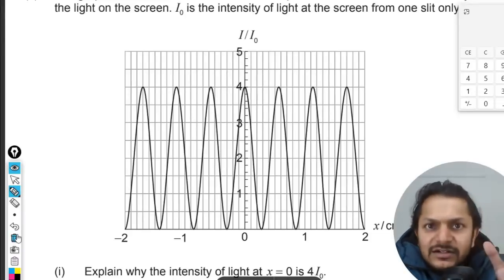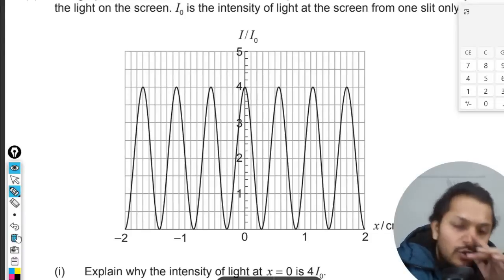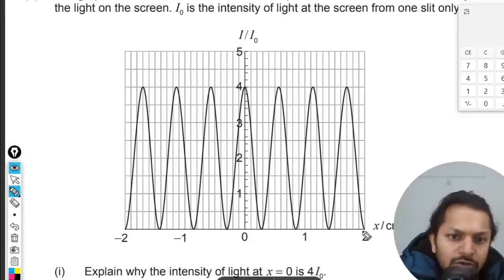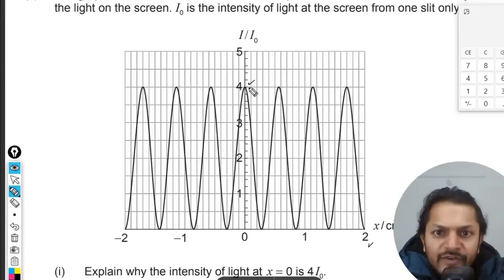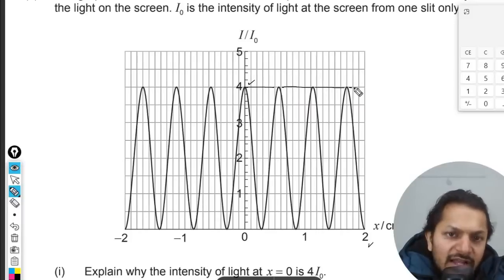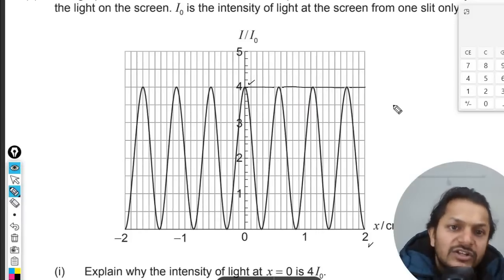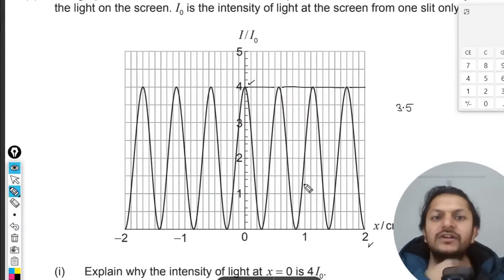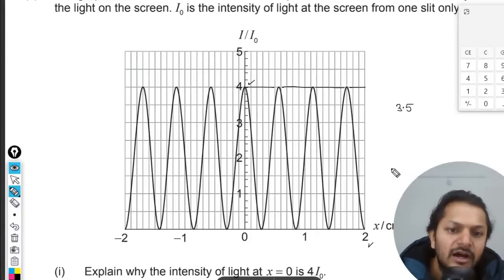So there is a method in which we can become 100% sure. How? We have to count. Okay, this is a perfect point and this is also a perfect point. How many wavelengths are there? 1, 2, 3, and this is exactly half. So it's 3.5 fringe widths, and the distance is 2 centimeters.